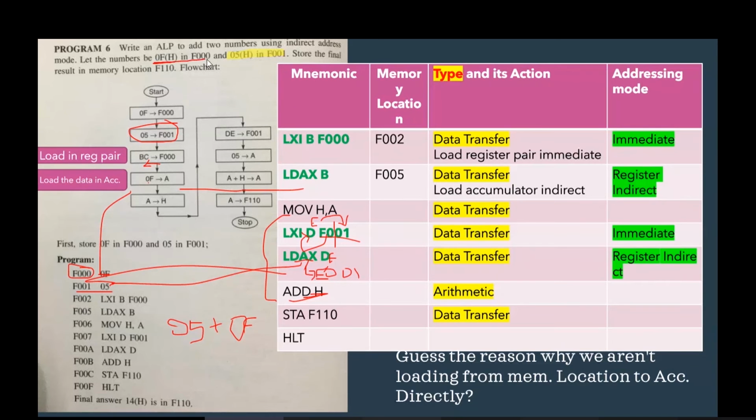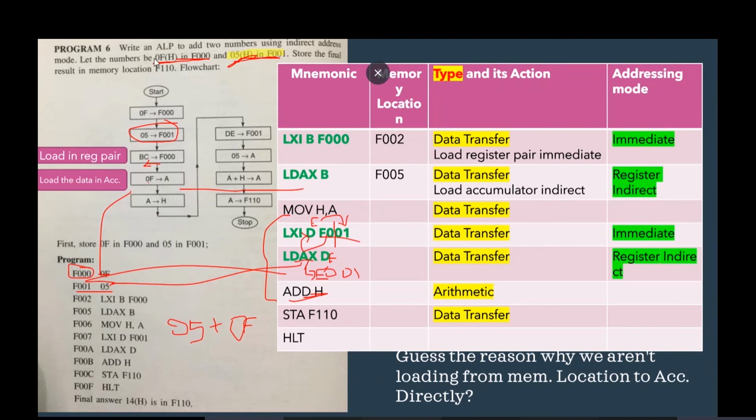If it specifies, we need to give it in the memory. Yeah, what's your question now, Sharon? 0F should be loaded in F000 as per the question.